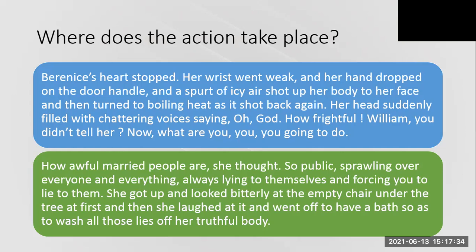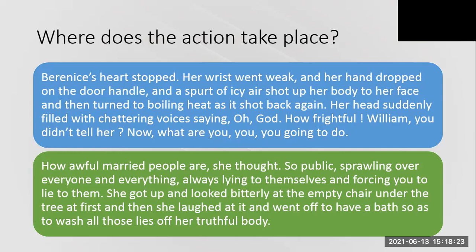When that woman told her, I am the wife of William, and I know you are having an affair with him, what happened to Bernice? Bernice's heart stopped. Her wrist went weak, and her hand dropped on the door handle, and a spurt of icy air shot up her body to her face and then turned to boiling heat as it shot back again, as if she's electrified, كأنها كهربت.